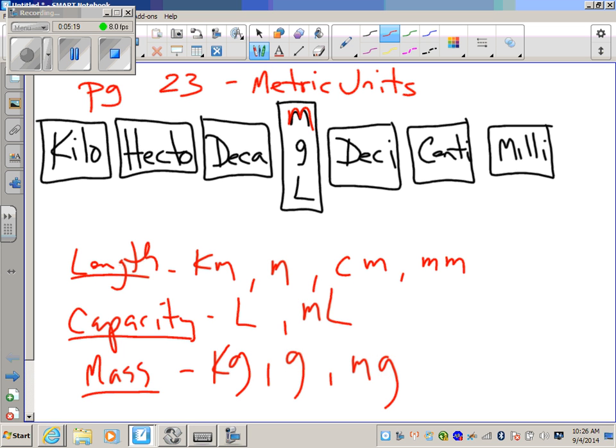How about the mass of a CD? Kilograms, grams, or milligrams for a CD? Brandon? Probably grams. I mean, you can actually feel a CD, right? The next one, the mass of a pumpkin seed. Just one seed? Probably milligrams, right?